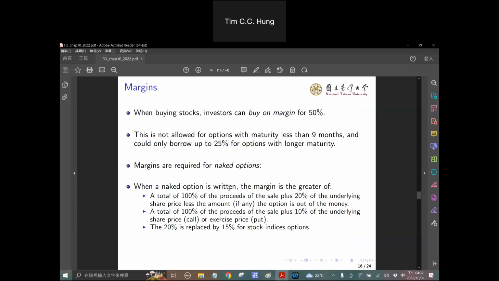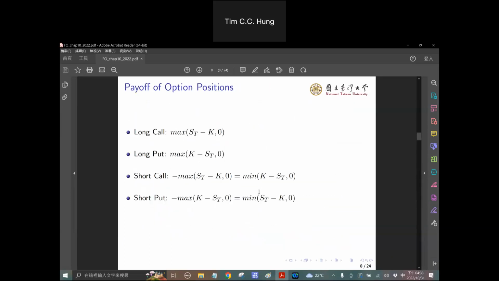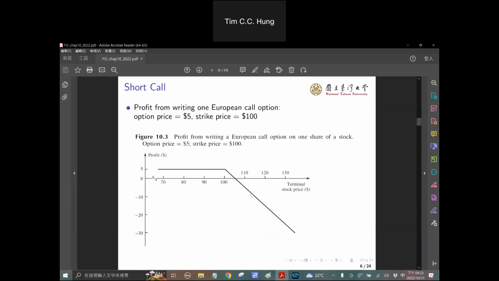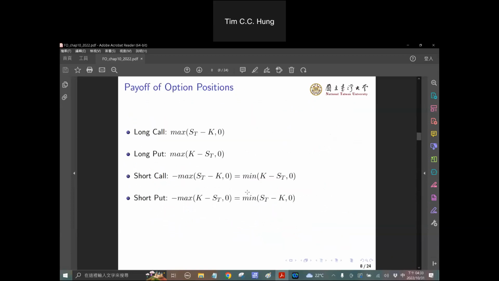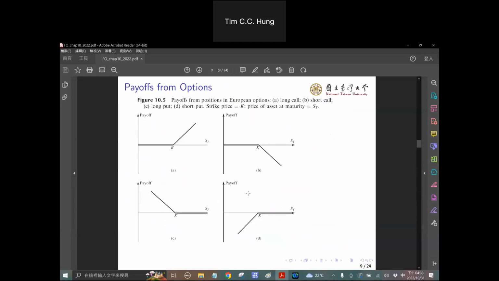Underwriting naked options is equivalent to standing at a short position, a short call or short put, right? Why was that the case? Again, if you are shorting the call or shorting the put, let's look at this graph, the downside potential is unlimited. You can lose a lot of money.